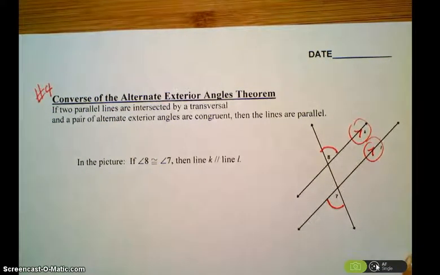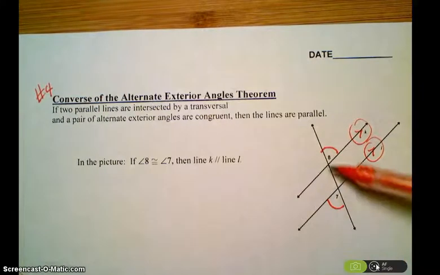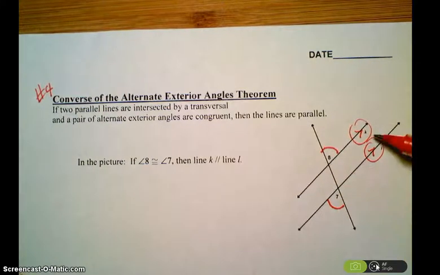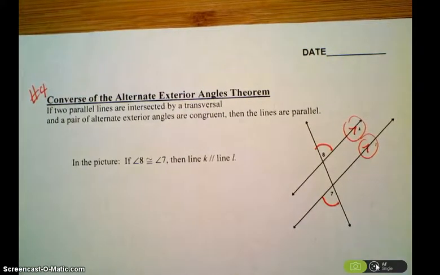Again, there are 2 pairs of alternate exterior angles. I've only highlighted this pair. If the other pair is also found to be congruent, that would be sufficient to prove the lines parallel. Okay, we're moving on to page 3.